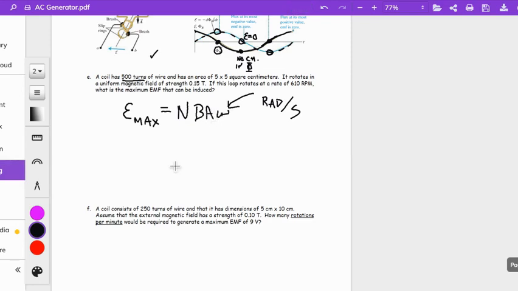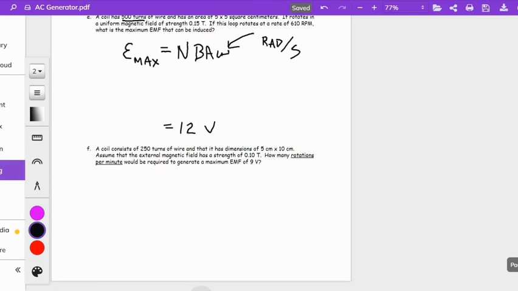So I'm going to let you try this one, part E. At the end of the day, you should be getting a 12 volt maximum EMF. And basically the same kind of formula, same kind of approach for part F. And the trick here is you're going to have to convert your rotations. You're solving for omega, okay? So you can rearrange the formula up above. But when you get an answer, I want you to convert it into rotations per minute.